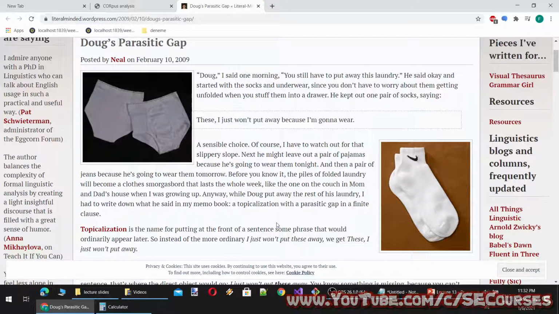Of course, I have to watch out for that slippery slope. Next, he might leave out a pair of pajamas because he's going to wear them tonight. And then a pair of jeans because he's going to wear them tomorrow. Before you know it, the piles of folded laundry will become a clothes smorgasbord that lasts the whole week, like the one on the couch in Mom and Dad's house when I was growing up.